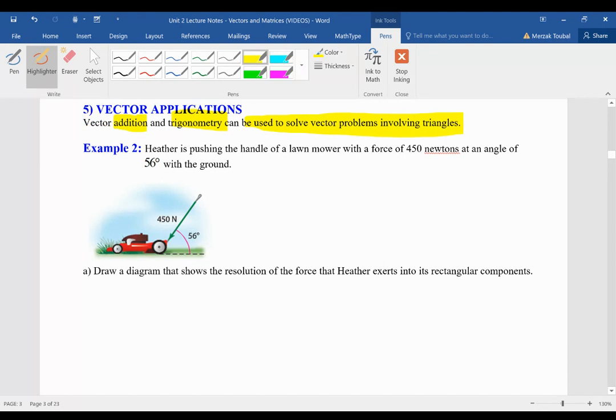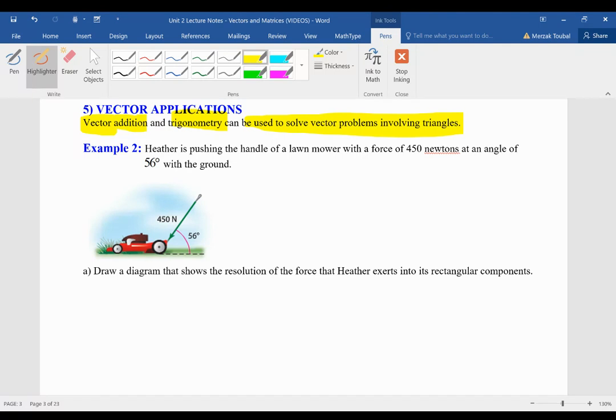So in some applications, we can use vector addition and the knowledge of trigonometry combined together to solve some word problems. And of course, if trigonometry is involved, then triangles are involved.